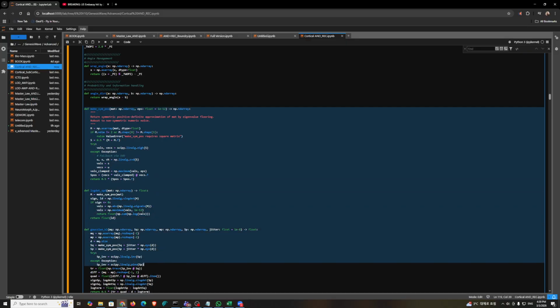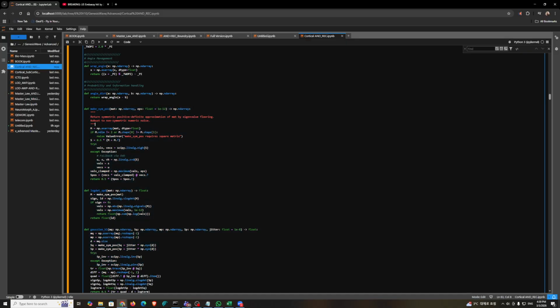Our neuromorphic engine has beliefs about the world, and these beliefs are represented using probability distributions, especially Gaussian distributions. These are defined by a mean, that's what the system believes, and a covariance matrix, how uncertain it is about that belief.